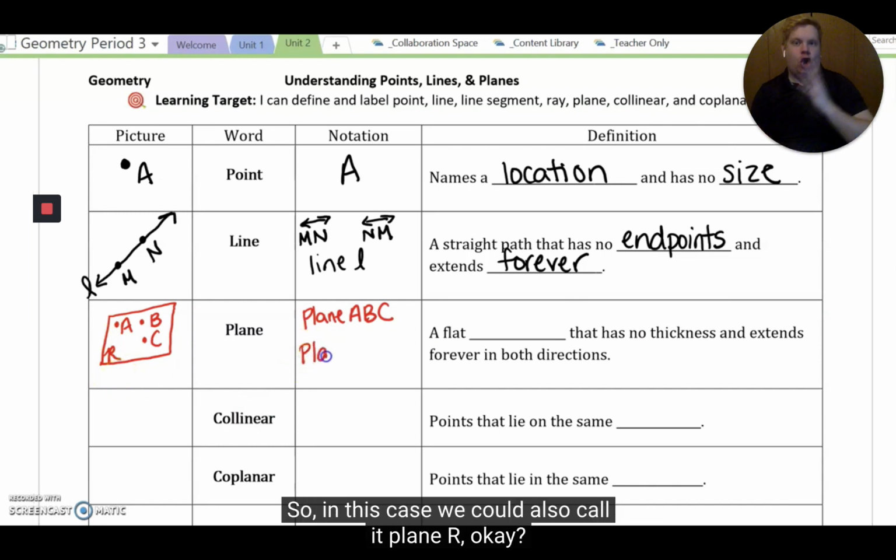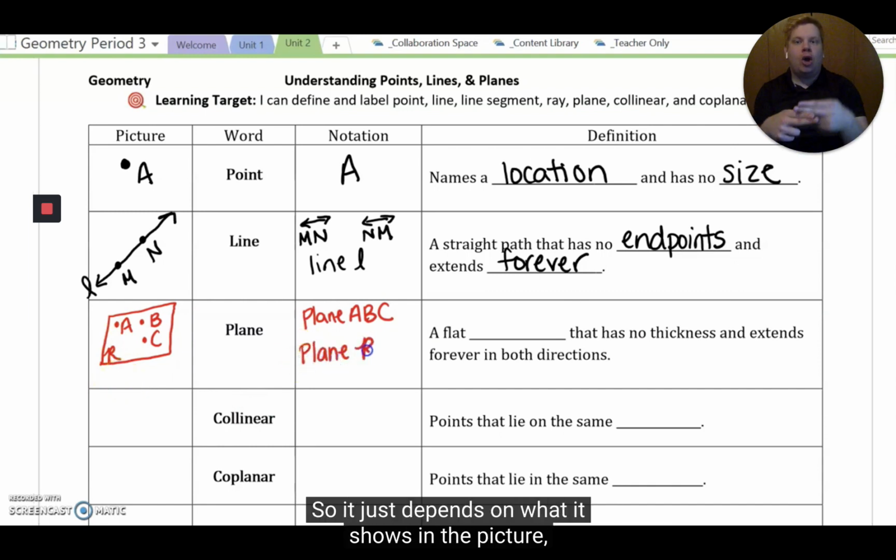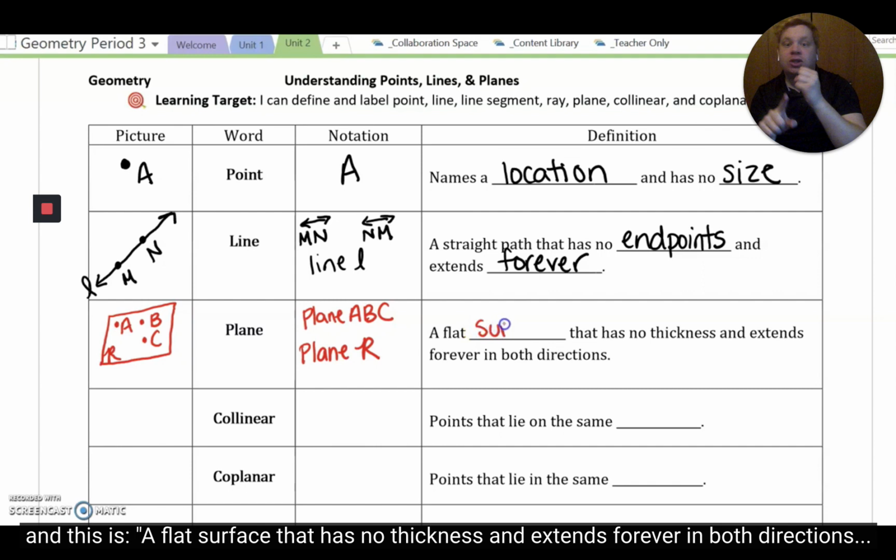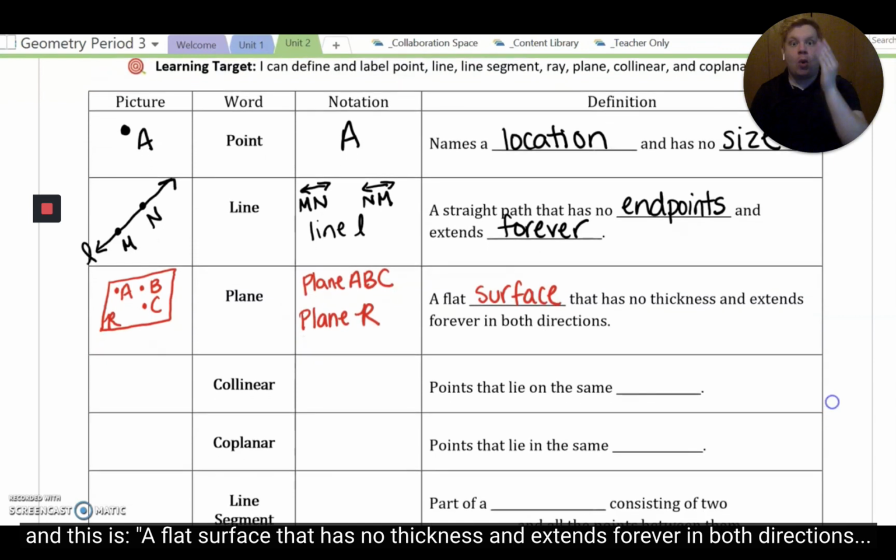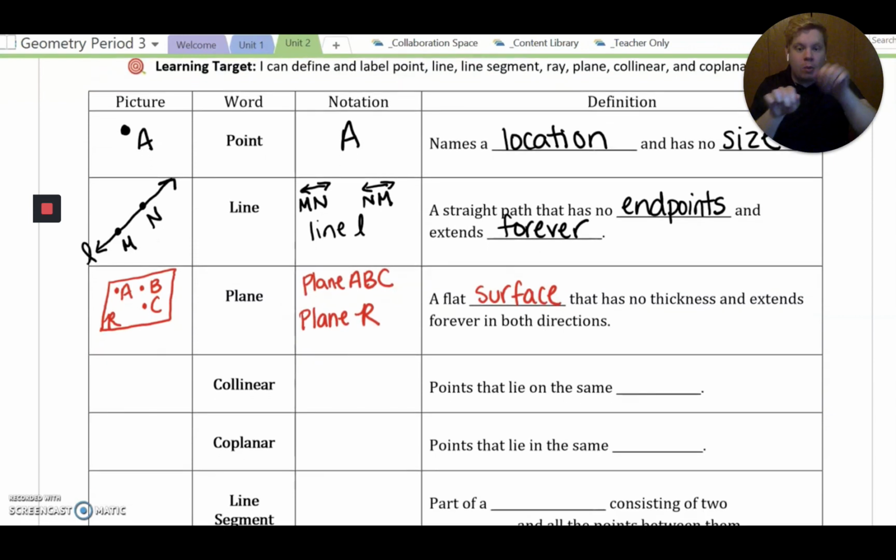So in this case, we could also call it plane R. Okay, so it just depends on what it shows in the picture. And this is a flat surface that has no thickness and extends forever in both directions. Really in all directions.